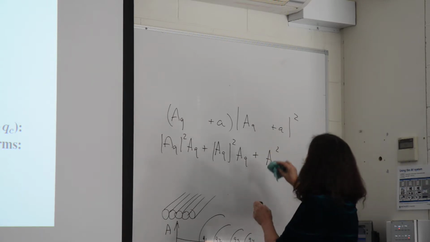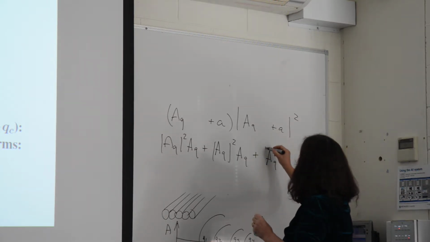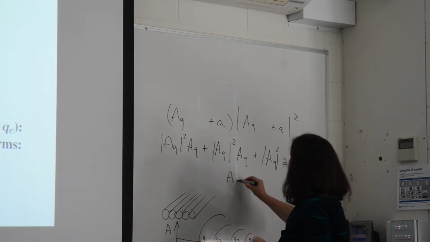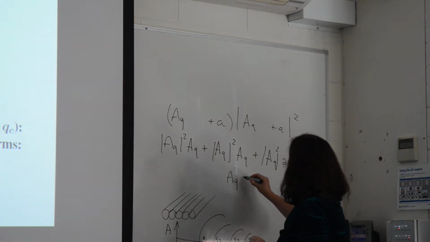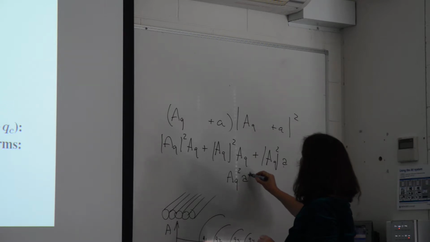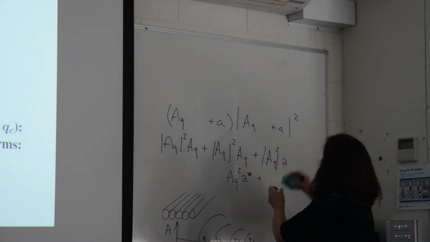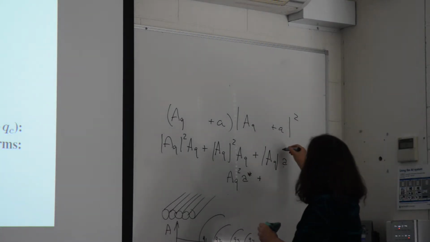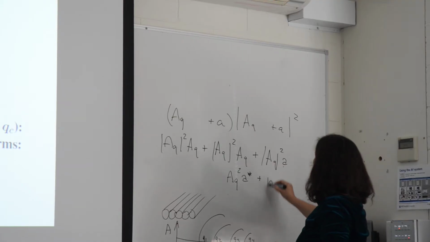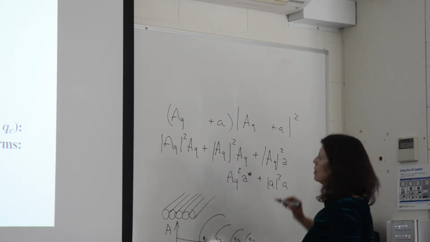This I get, fine, and then I have AQ squared A, and then I have AQ squared A star, and then I have A squared A, and I think that's all.